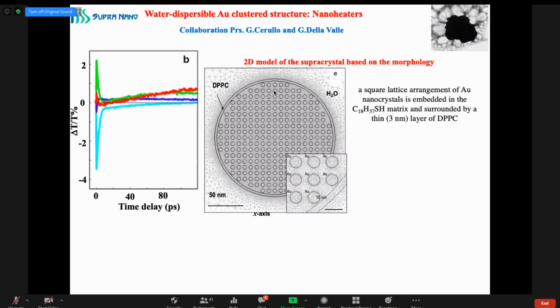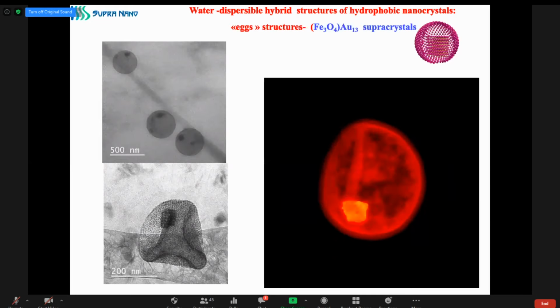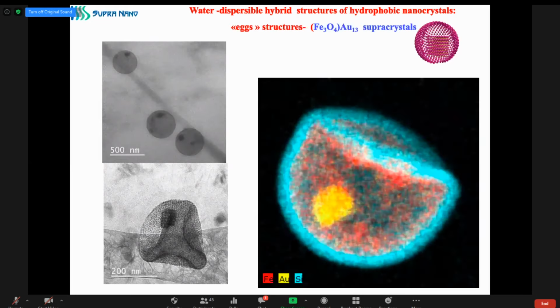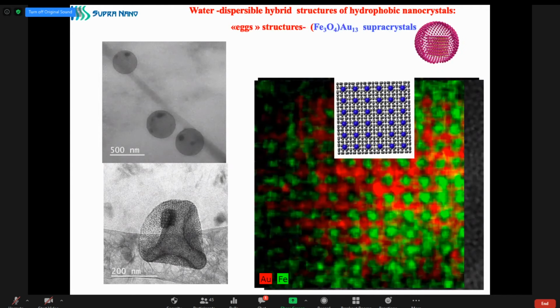And you can also use two types of material, ferrite and gold, and then you create another type of eggs, which is a binary system. And you can see it's a cube. You can really see the shape of the supracrystal is a cube. And if you look carefully, you can see you have gold and ferrite really well ordered, and you can see from the chemical maps they are really well ordered.